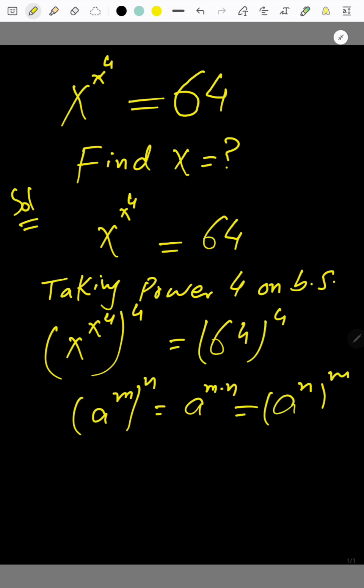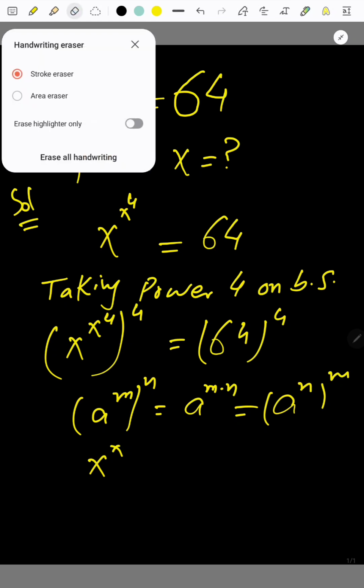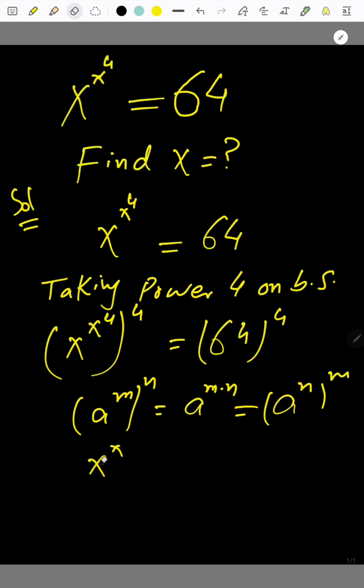In the above expression, we simply have x raised to power 4 whole power x raised to power 4 is equal to 64 raised to power 4.